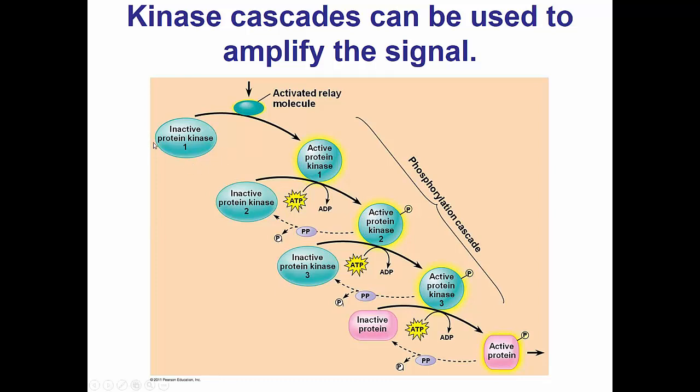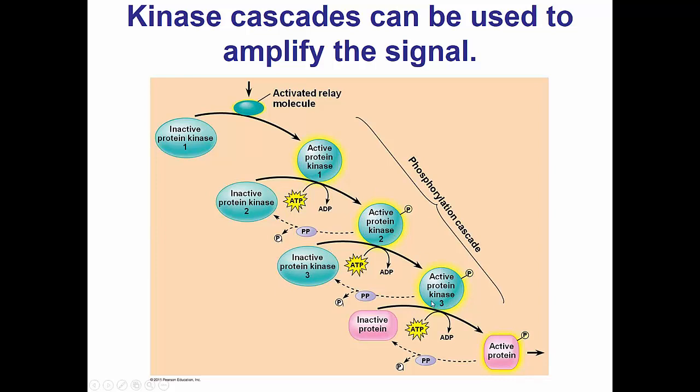First, imagine that we have a kinase here, so this kinase protein becomes active due to some upstream activation. When it becomes active, it phosphorylates, adds a phosphate group to the second kinase. That then activates the second kinase, which phosphorylates the third kinase, making it active.